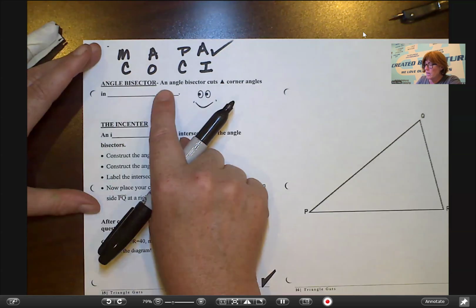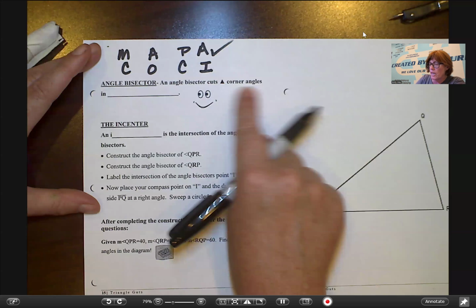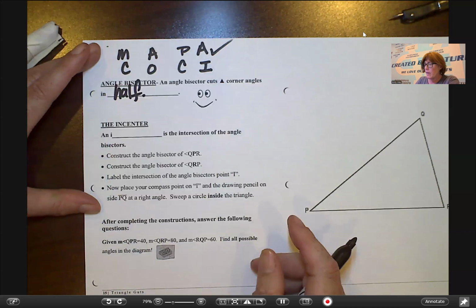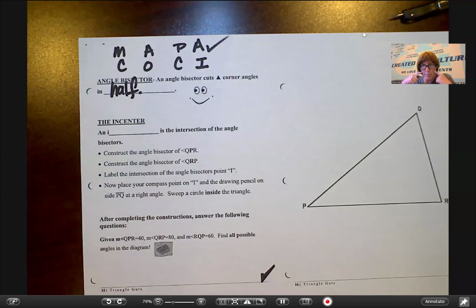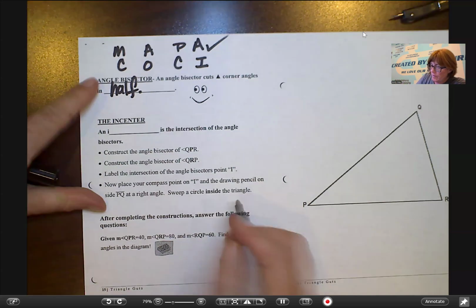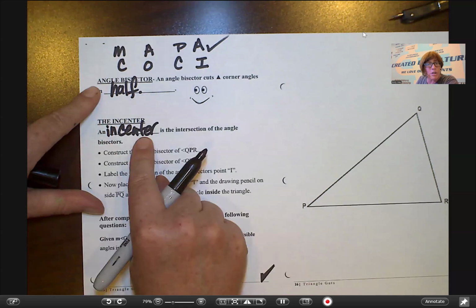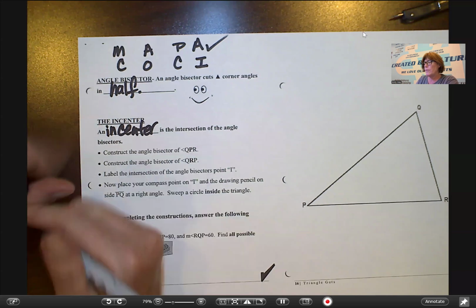An angle bisector cuts the triangle corner angles in half. It is also a smiley, dimple, dimple. The incenter is the intersection of the angle bisectors.